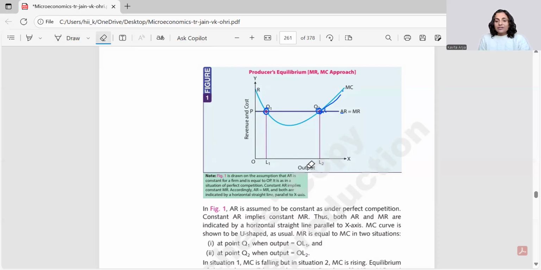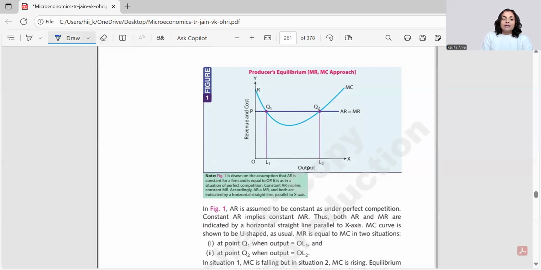Then comes another point of discussion: why should MC be equal to MR? Then we will take this point and this point. If the person stops at the L3 level, what happens? And if the person stops at the L4 level, what happens?